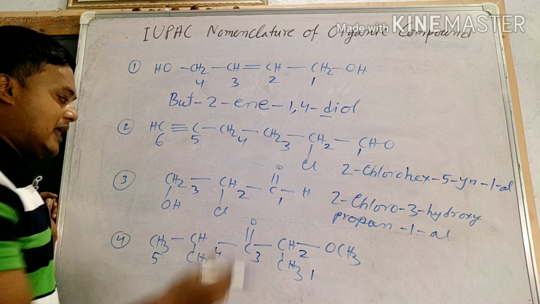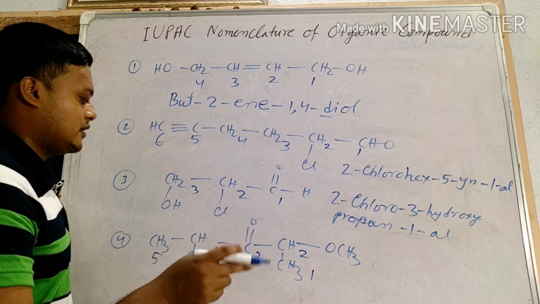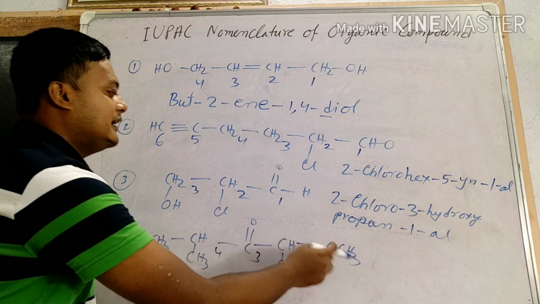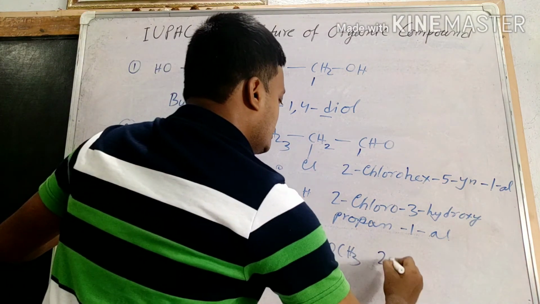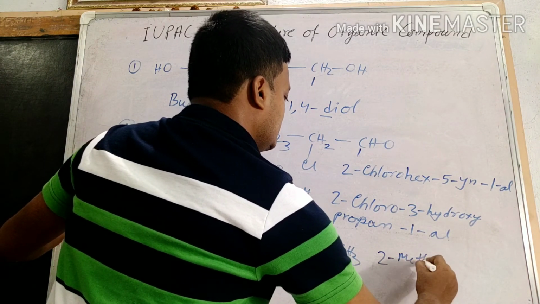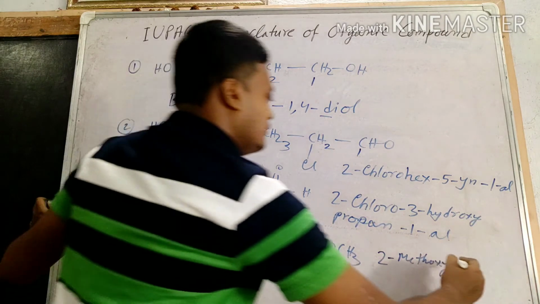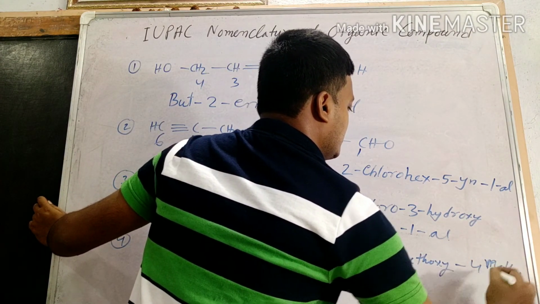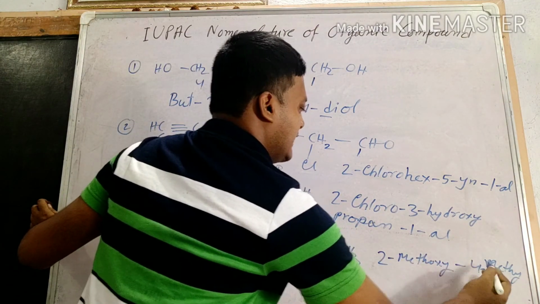Now in alphabetic order, methoxy and methyl, so alphabetically methoxy will get priority. So 2-methoxy, methyl in the 4th carbon, 4-methyl.